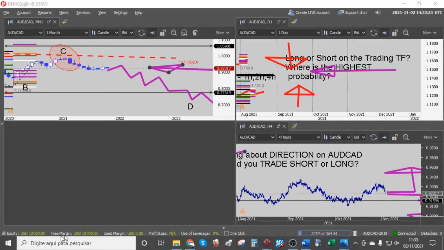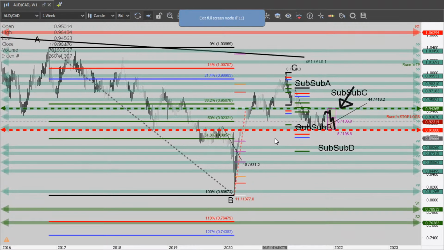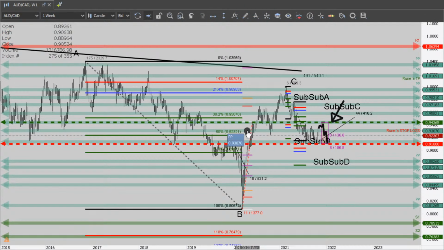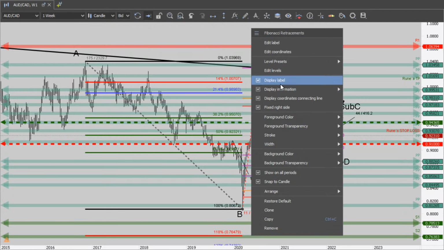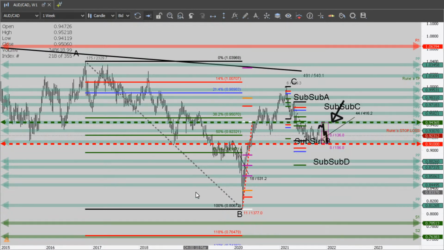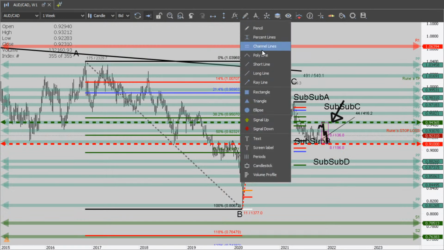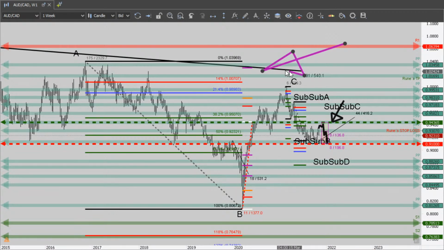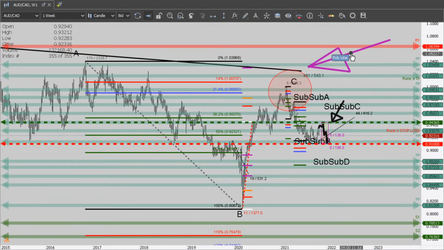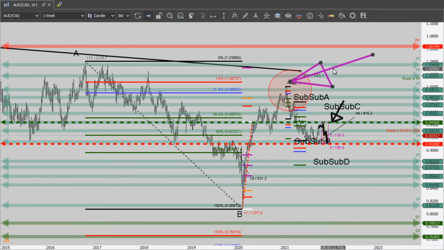Do we have a confirmed C from the weekly? This is the projected D extension, this is the contrarian, this is the C. Do we have a confirmed C from the weekly?